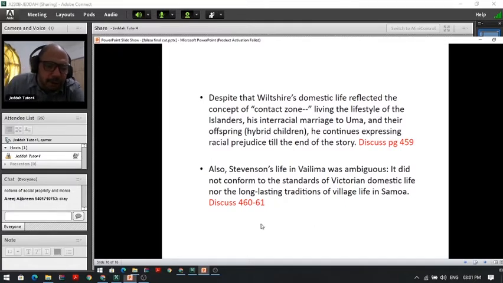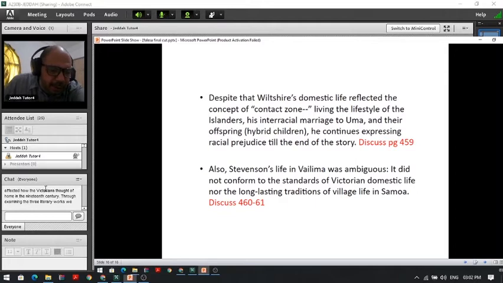So let me read. The TMA prompt reads: the expansion of the British Empire and the rise in immigration sharply affected how the Victorians thought of home in the 19th century.